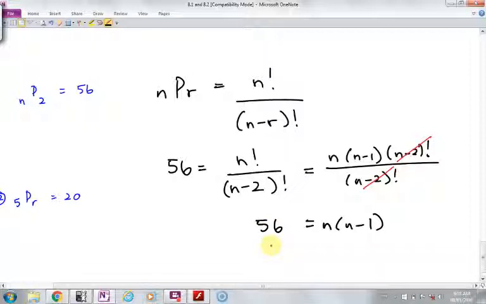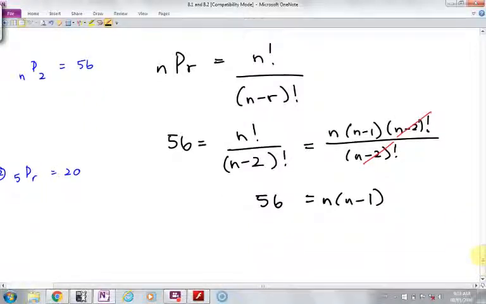Okay? Now at this point, you could do a couple of things. You could multiply that out, bring the 56 over. What kind of an equation would this be? Degree would be 2, so it's a quadratic, right? So we would solve it by factoring. You could do that. Or at this point, you could also do a guess and check here.